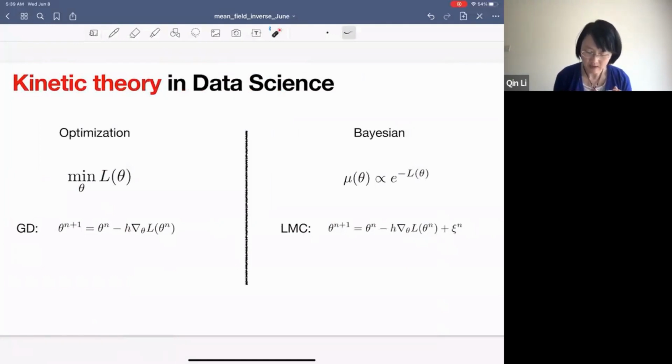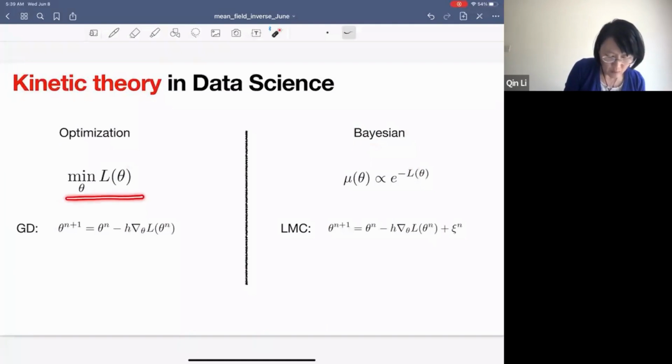So it's actually a little bit surprising that in the recent few years, there are some data science techniques that depend on interacting particles. And once you have the interacting particles, a lot of kinetic theory techniques could be useful.